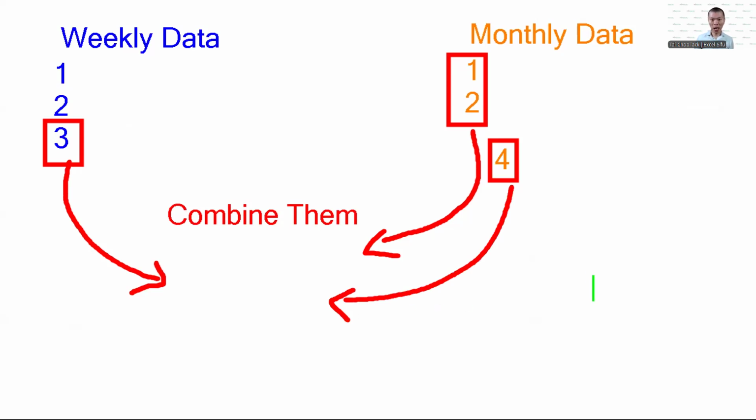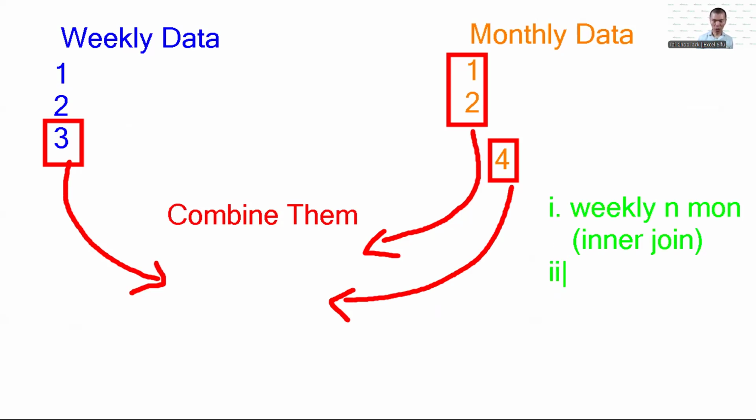So we are going to have 3 Power Queries. The first one is to combine the weekly and monthly using inner join. Inner join means both exist. Another one also uses the weekly and monthly, using left anti join.